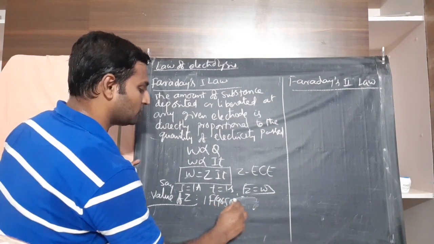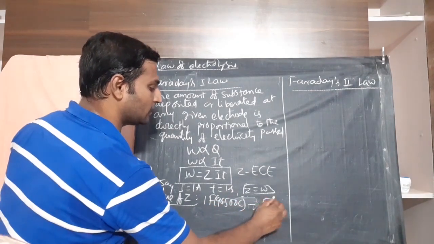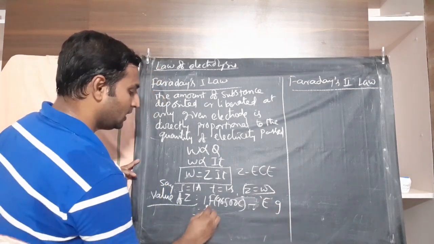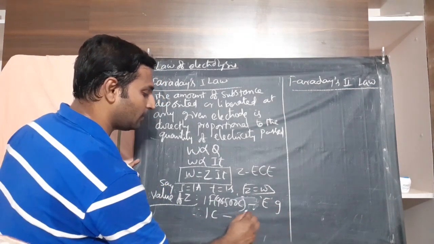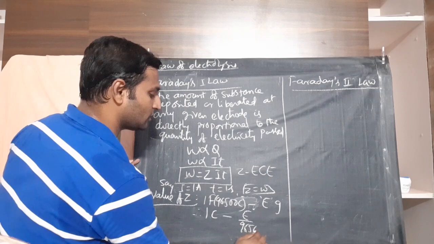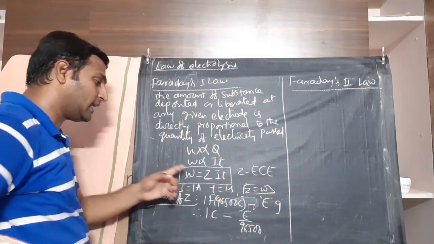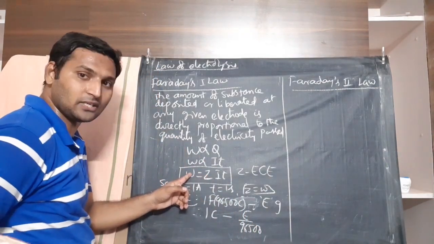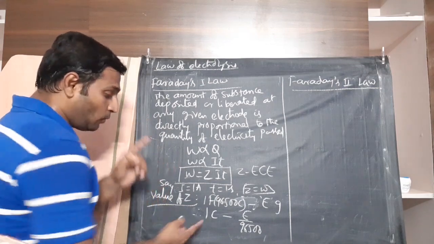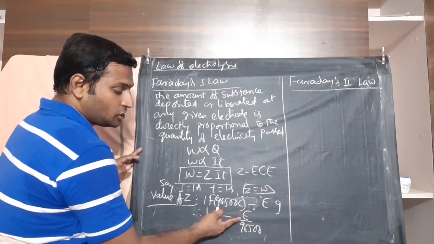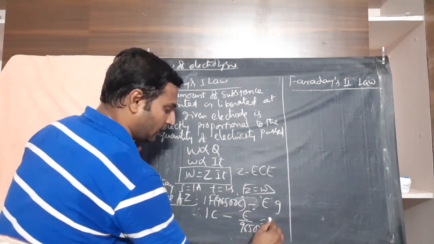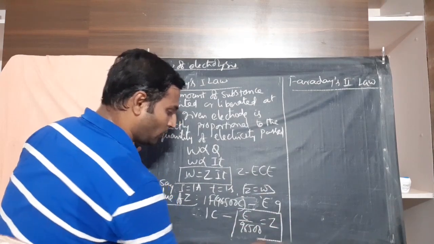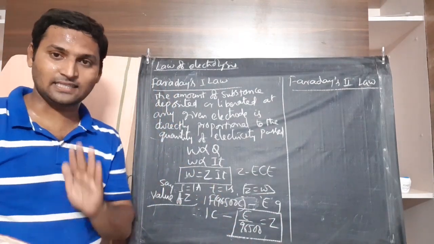So 96,500 coulombs deposits or liberates E grams. Therefore 1 coulomb deposits or liberates E by 96,500. And Z is the weight of substance deposited or liberated by 1 coulomb, so Z is equal to E by 96,500.